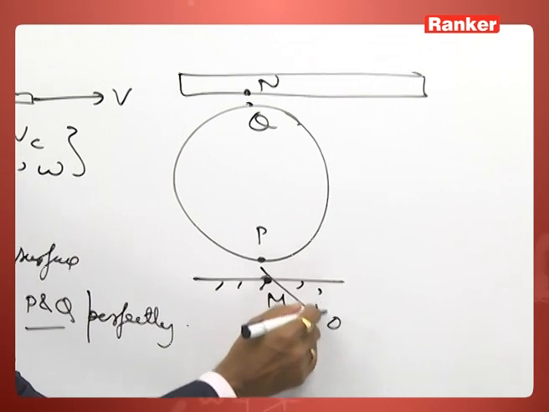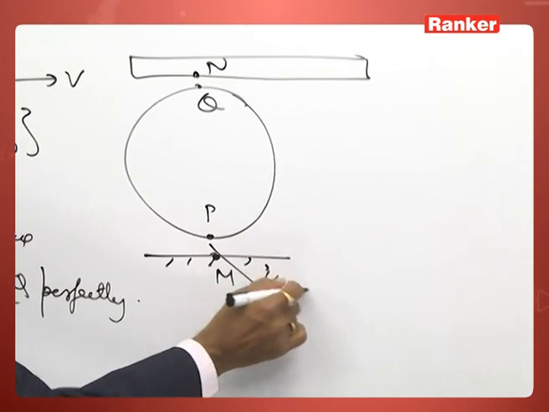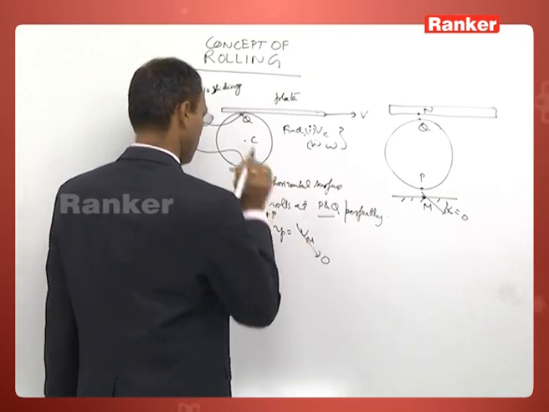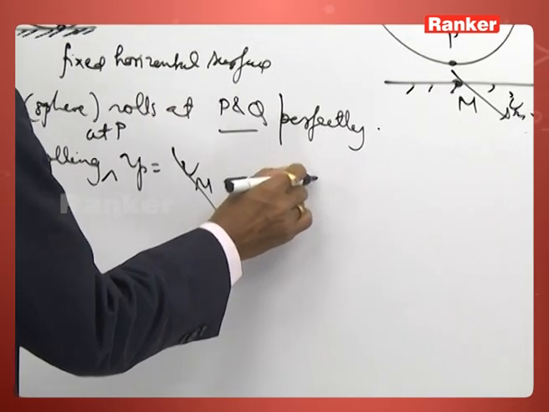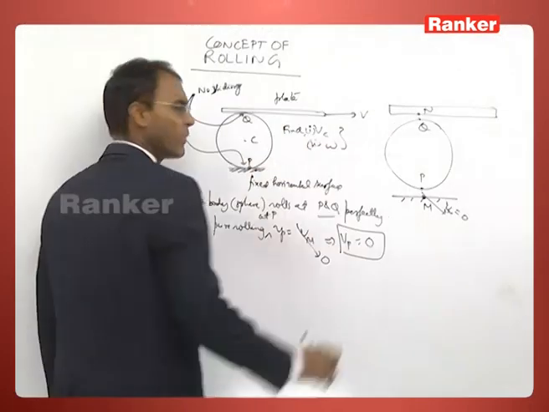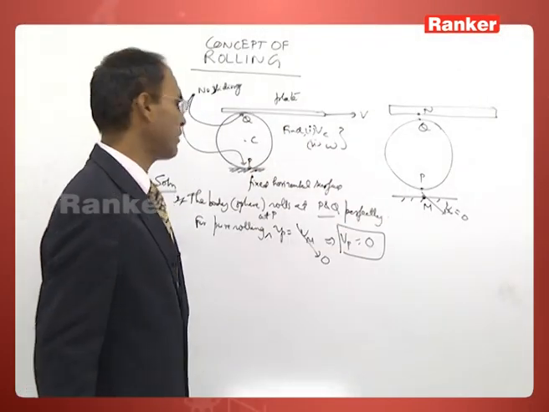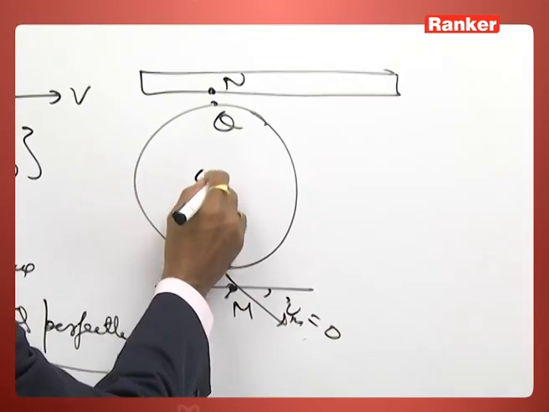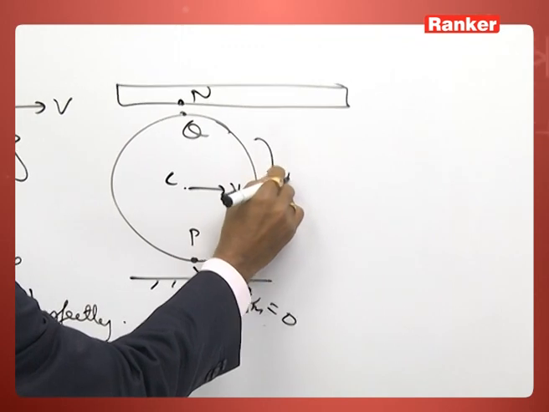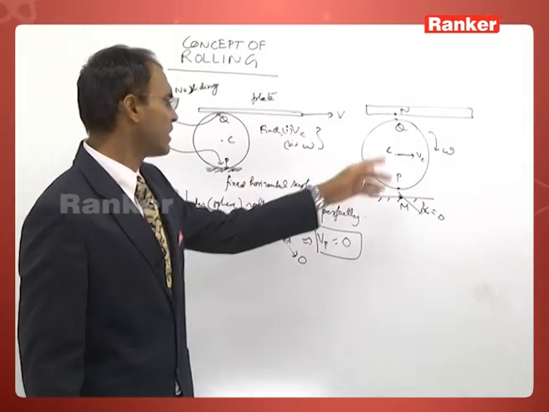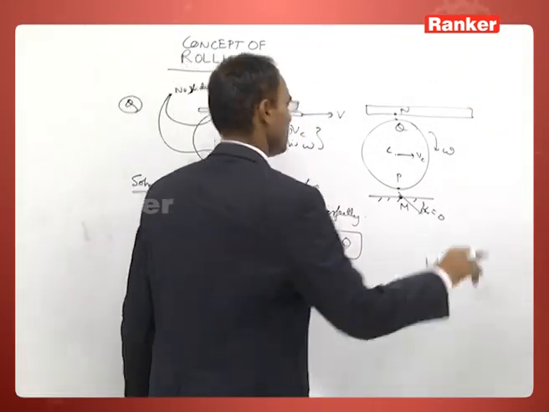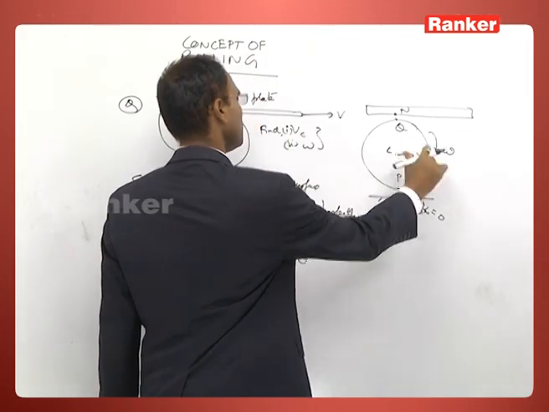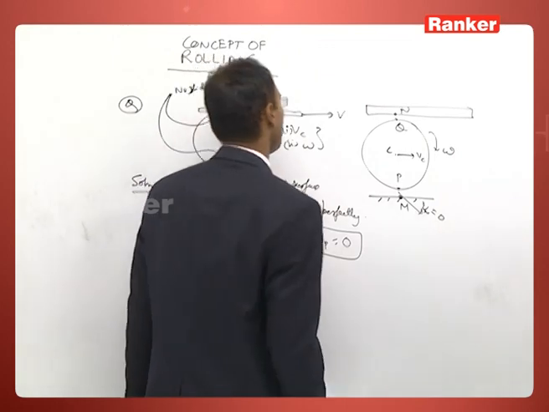When this is fixed, Vm must be equal to 0. Therefore, this point velocity will be equal to 0. Well, let us assume that center mass velocity is towards right and the angular velocity of the body is omega. Let it be clockwise. You can assume anti-clockwise also. You can assume Vc in opposite direction also. It's your use.